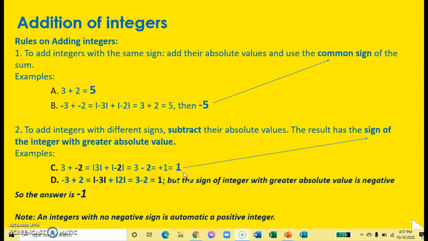It is 1 only because it says here that the result has the sign of the integer with greater absolute value. The sign of the greater absolute value is positive here.